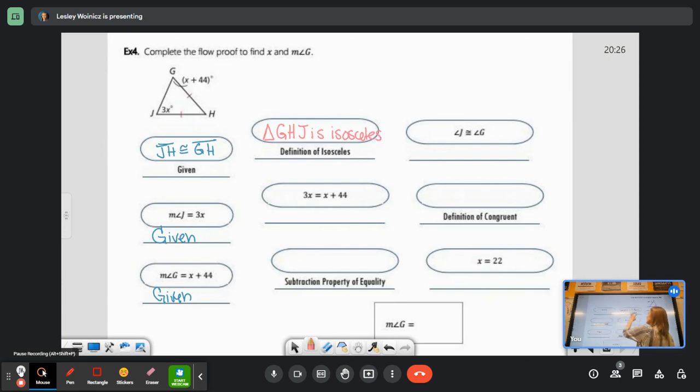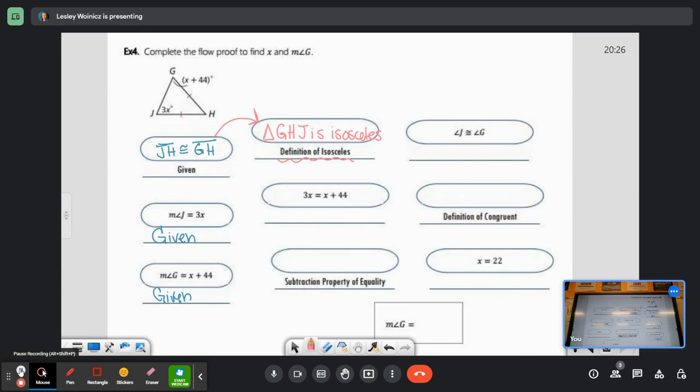And we know that because of the definition of isosceles. We did not use the fact that we know the measures of these angles to get to that. We only used that these two are congruent sides, so we only draw an arrow from that one.